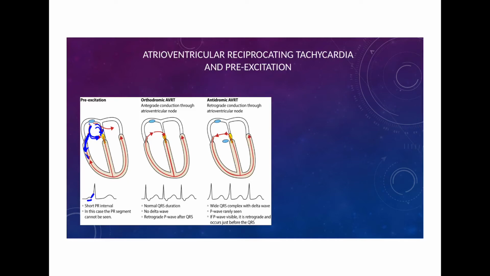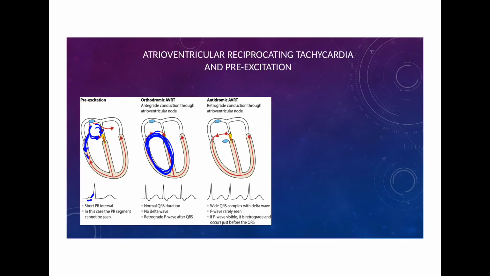Again, this usually isn't much of a problem in general, but just like with the fast and slow pathway in the AV node in AVNRT, sometimes you can get a loop that's formed by this accessory pathway and the His-Purkinje system, and electricity will keep flowing around and around in this loop, causing a tachyarrhythmia.